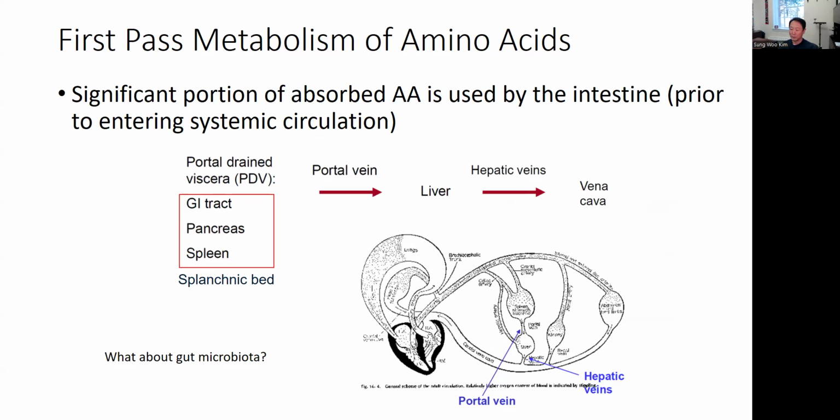But do we know how much amino acid can be used by mucosal microbiota? Well, that depends on what kind of bacteria are dominating there too. It's a very complicated thing, but this is something that we should not ignore, and this is also an area of research we should learn more about. Okay?